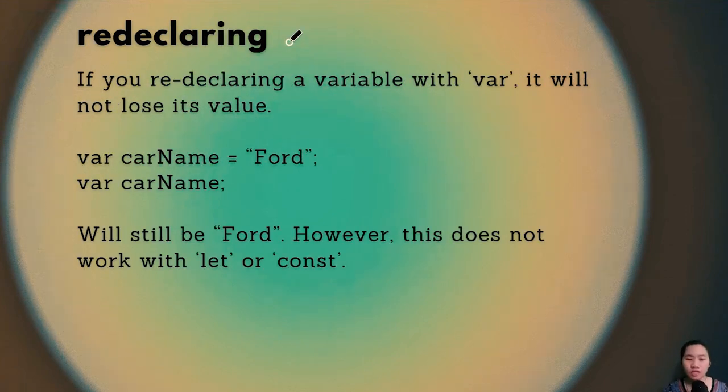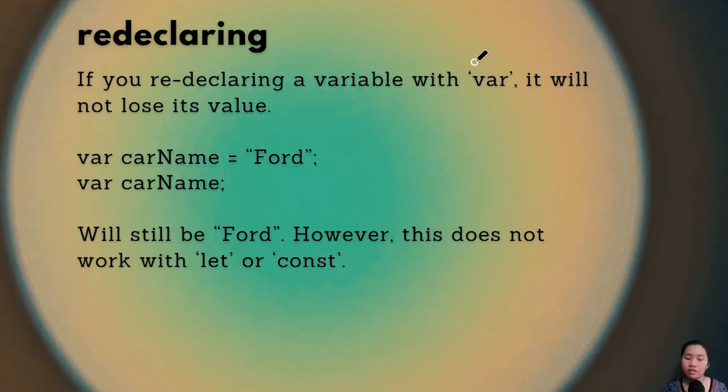Moving on to redeclaring. Now, redeclaring is basically writing the variable or declaring a variable one more time, or any number of times, after it has already been declared or assigned. If you redeclare a variable with the var keyword, it will not lose its value. Okay? But it's a whole different story with let or const.